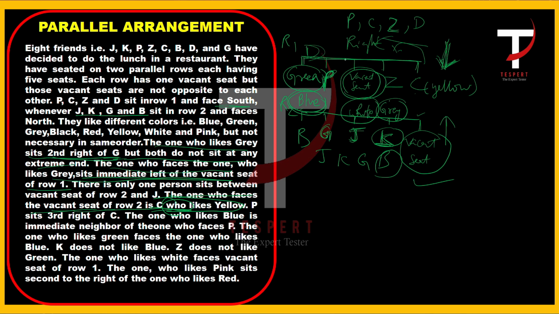So P likes pink and Z likes red. And what's the remaining? What is left? G. So G must like black. Right? So once again solve this.